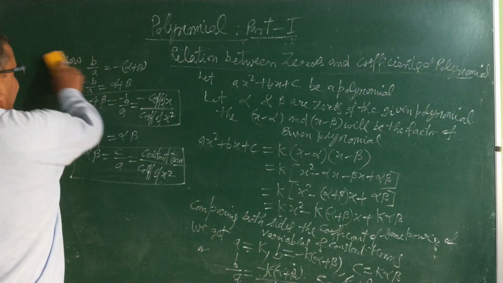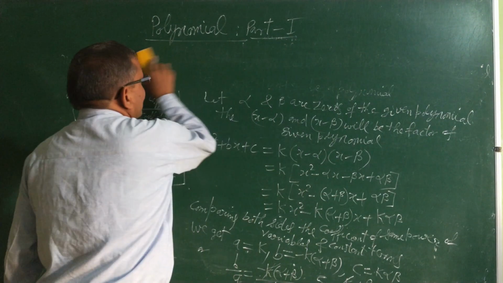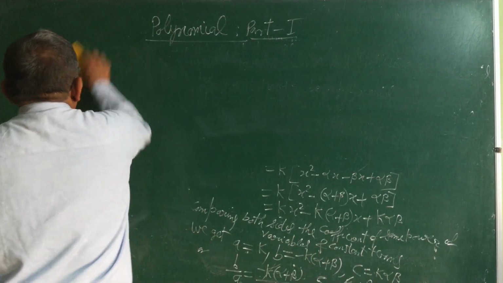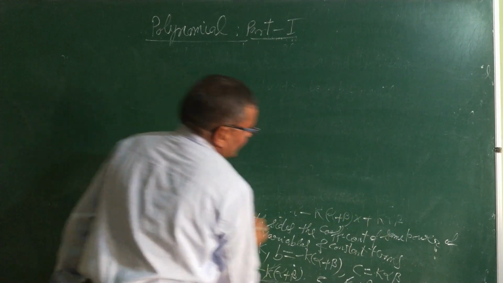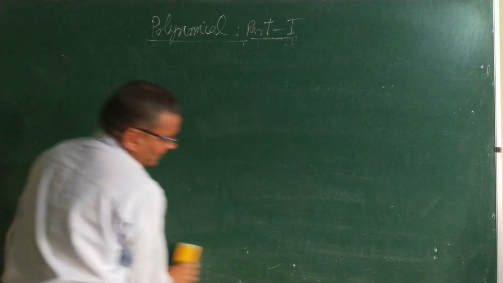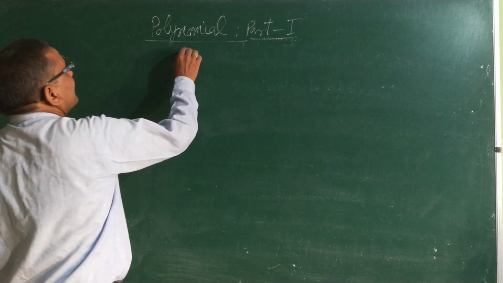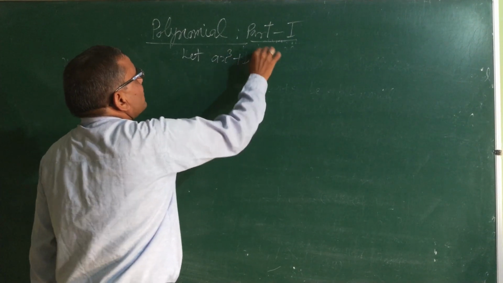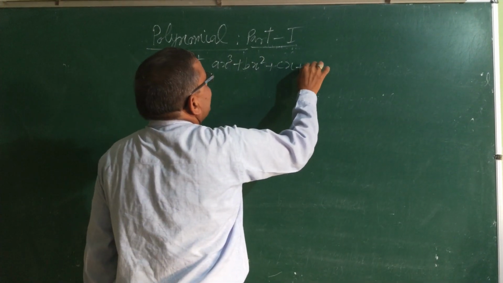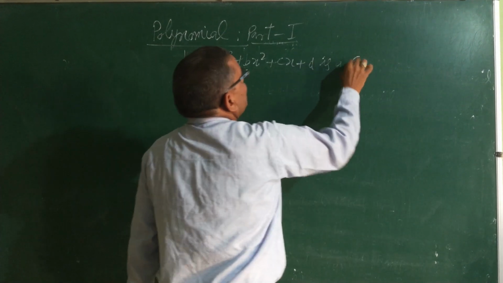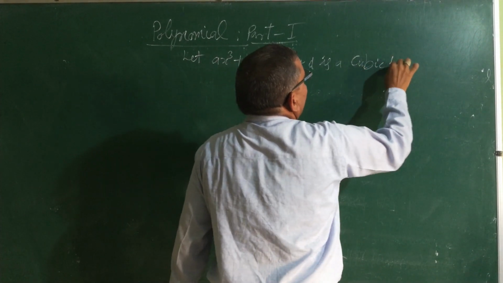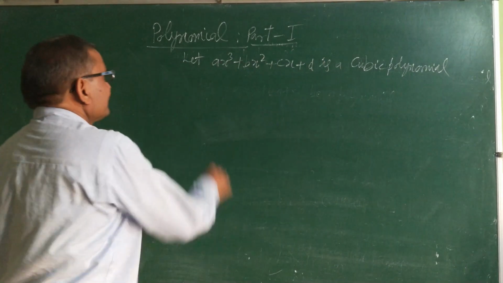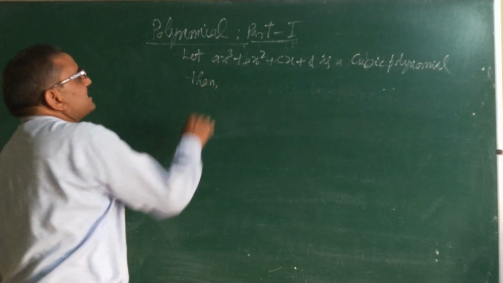Now when it is cubic, then we also get another relationship. Let us observe that. आप इसको भी देख लें. Let ax cube plus bx square plus cx plus d be a cubic polynomial. If it is cubic, then it has three zeros.